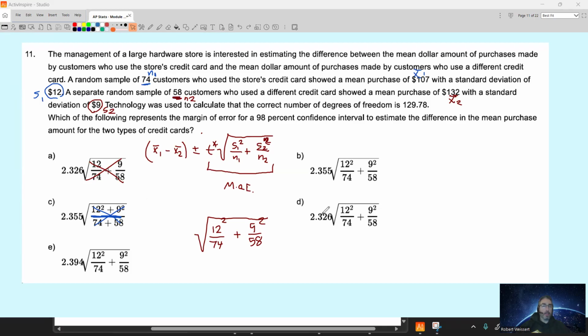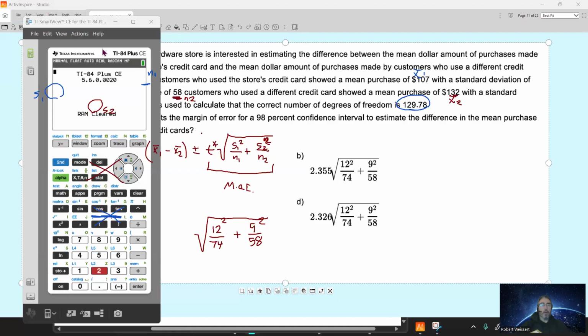And notice they all have different t stars. So we'll use what we know about getting the t star to help us finalize our answer. As far as getting the t star goes, if we're given the degrees of freedom, the easiest way is to use your inverse t. So to use your inverse t, you're going to go to 2nd, vars, option 4.